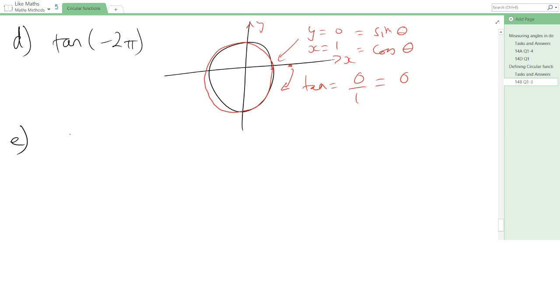E, what is tan of 5 pi over 2. Again, I'll factor that just to get out how many 2 pi's are in there. That's saying 2.5 pi.